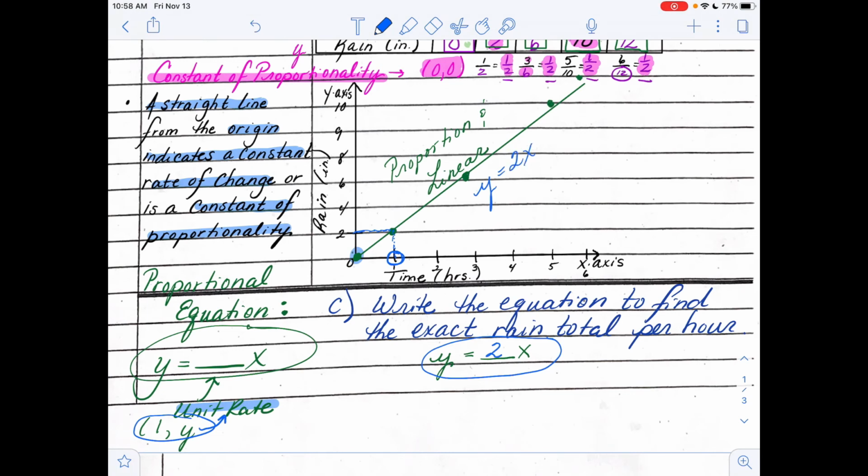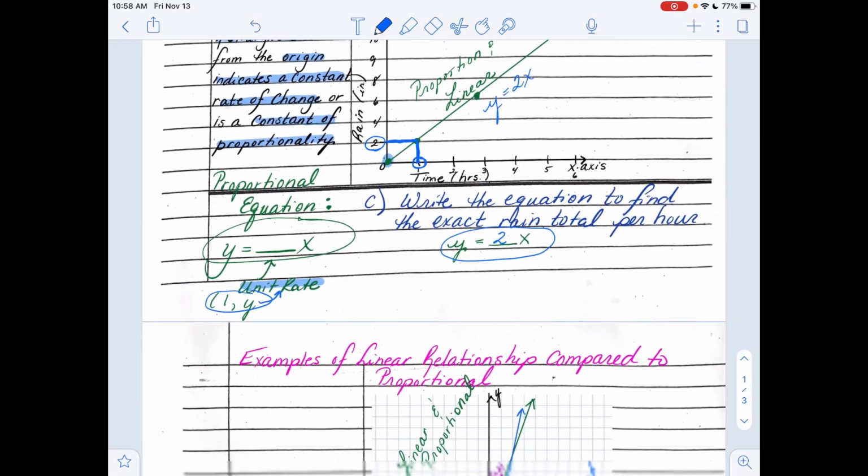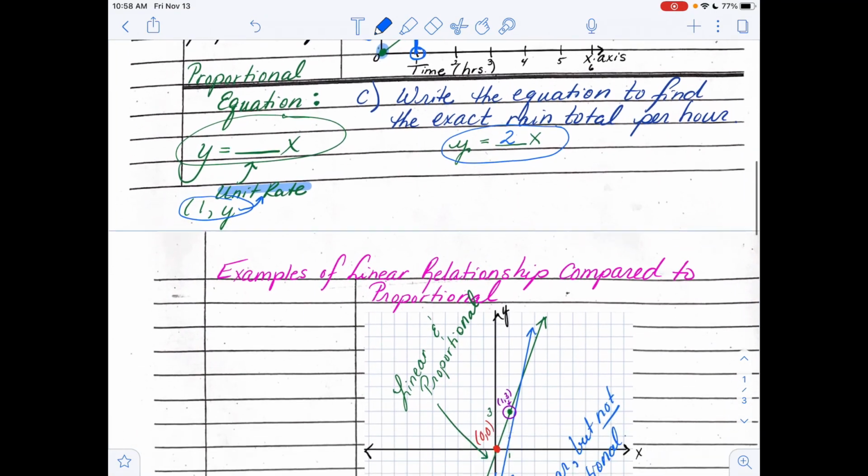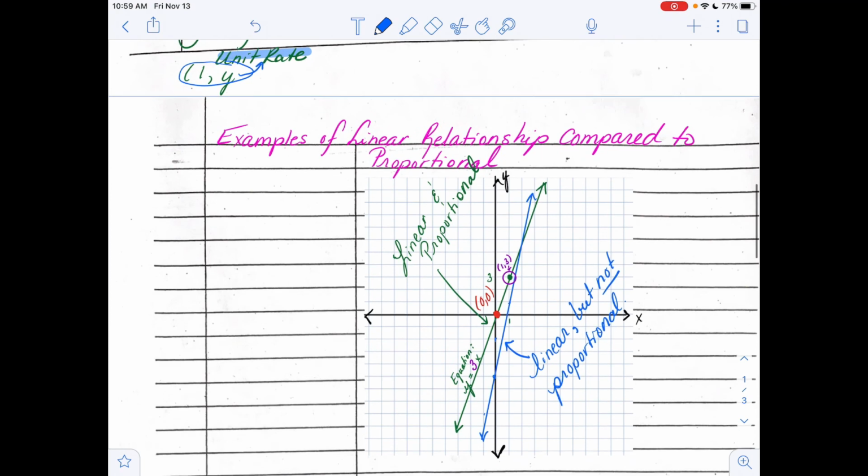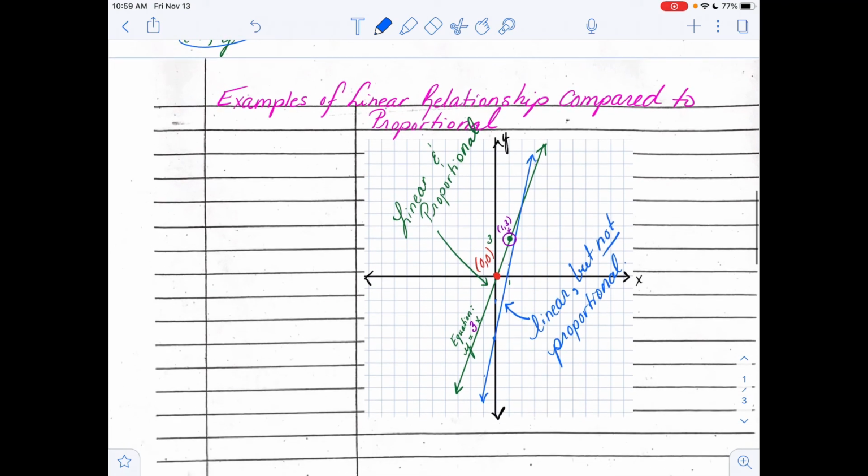So once you have a graph and you see it starts at 0,0, that is linear, it makes a straight line. To find the equation, you write y equals, find out where that x, when it's 1, is hitting the y, and you will then have your equation. So just another little example of the difference between a linear relationship compared to proportional.